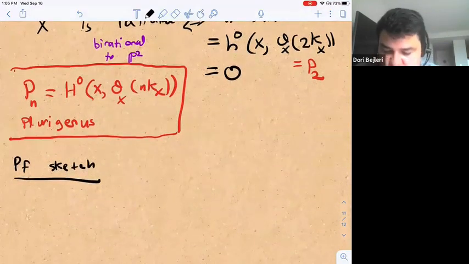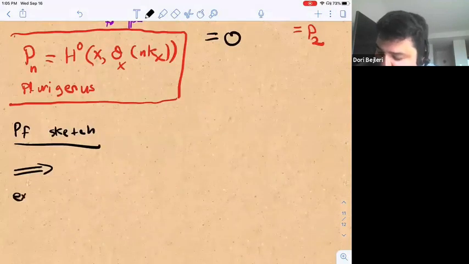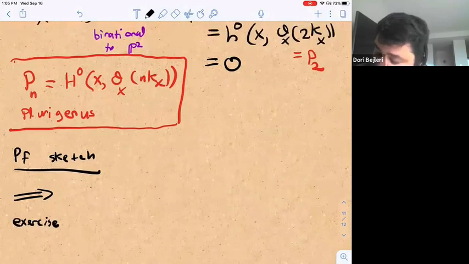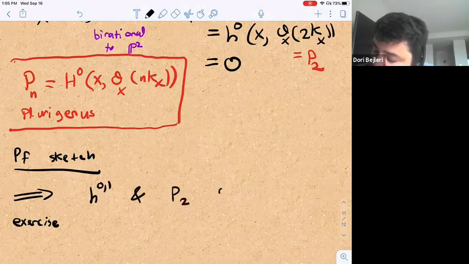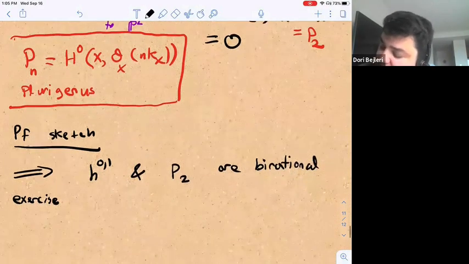So the first part, which again I'll relegate to an exercise, is that these numbers are birational invariants. Meaning that if I have two smooth projective surfaces that are birational, then they have the same H01 and the same second plurigenus.